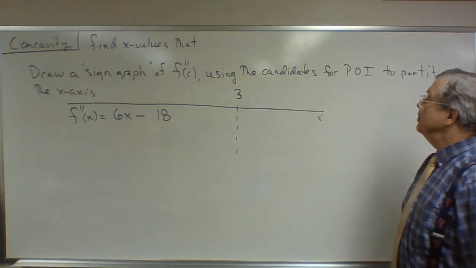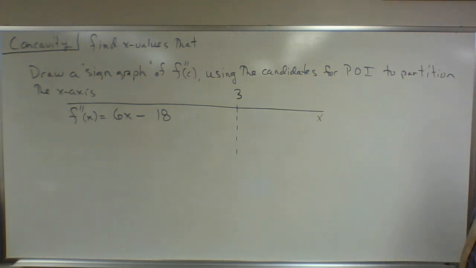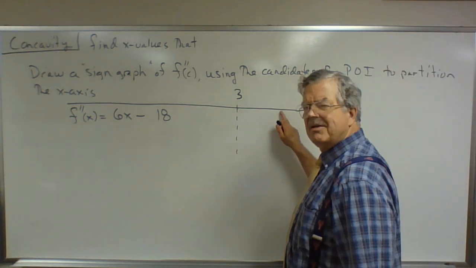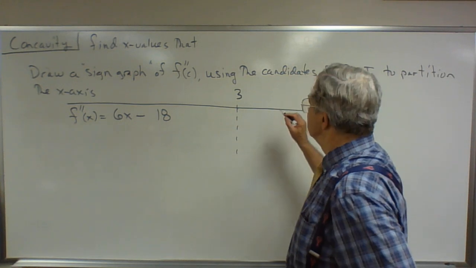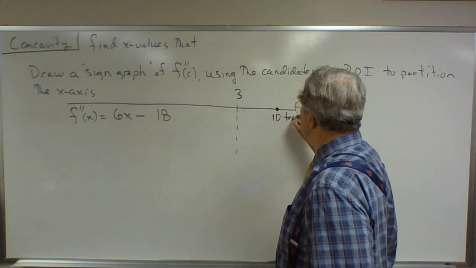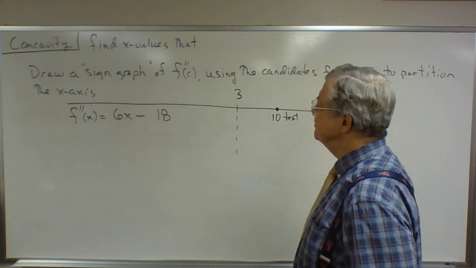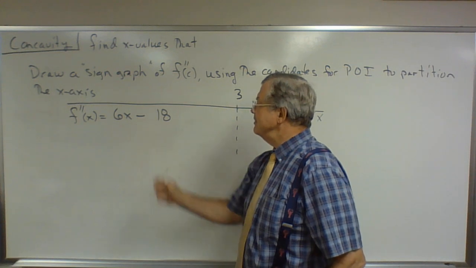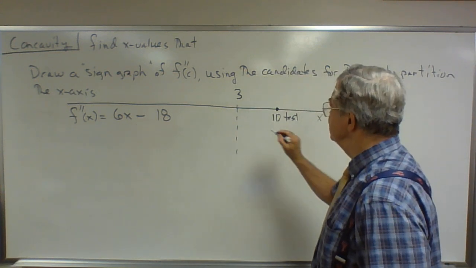So we'll take test points, and our test points are going to be values that are easy to work with. 10's easy to work with. Plug 10 into the second derivative, we get 60 minus 18 is 42.